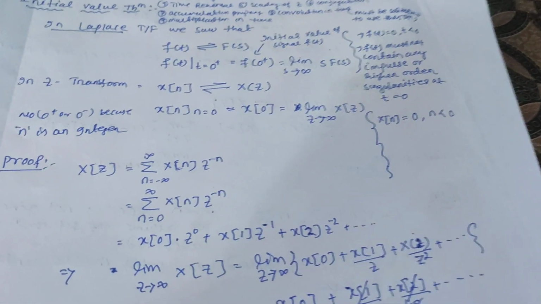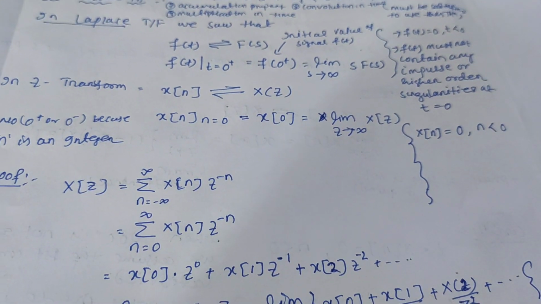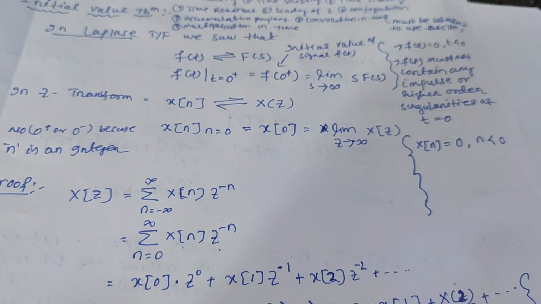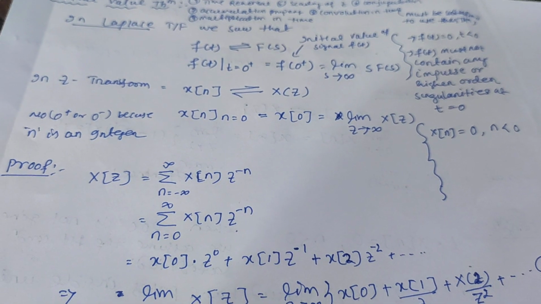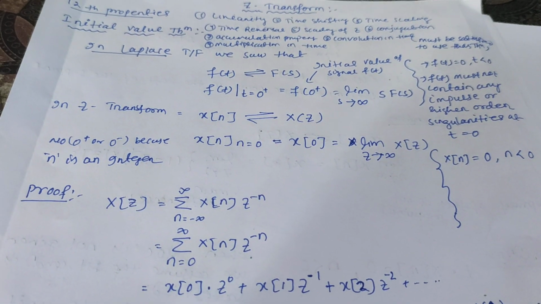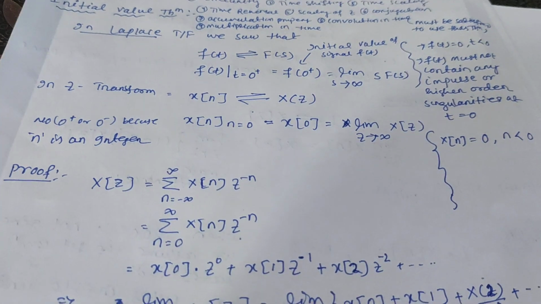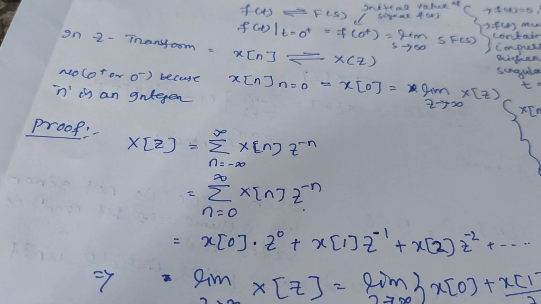Here also a condition must be satisfied: x of n should always be 0 when n is less than 0. If this condition is not satisfied, then we are not able to apply the initial value theorem for this Z transform.